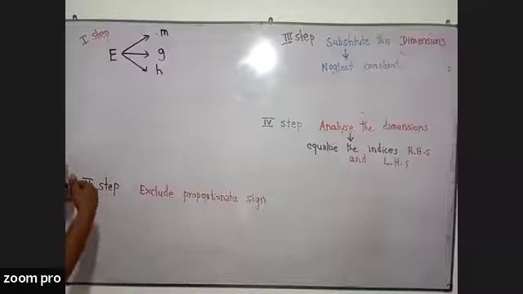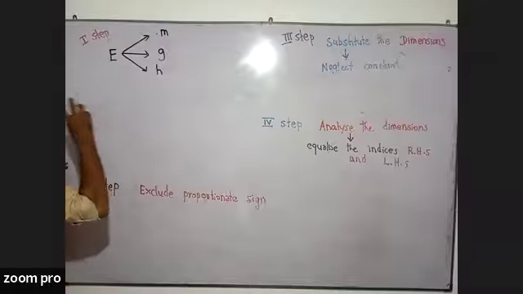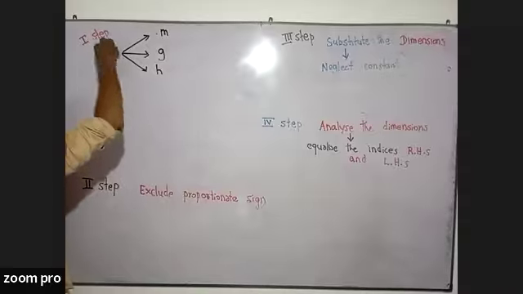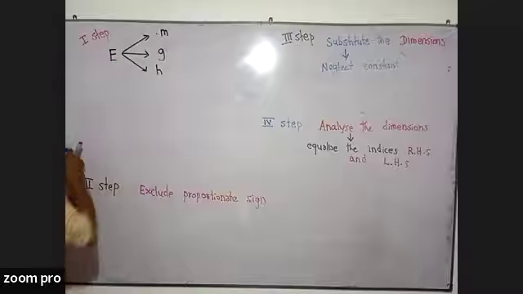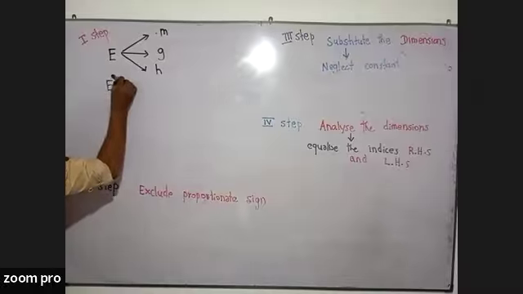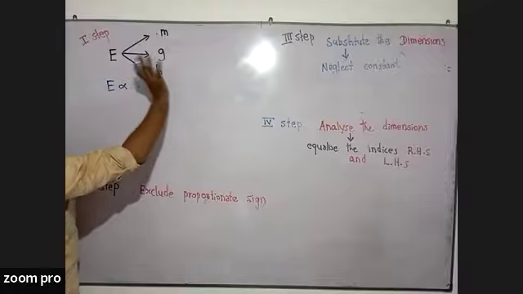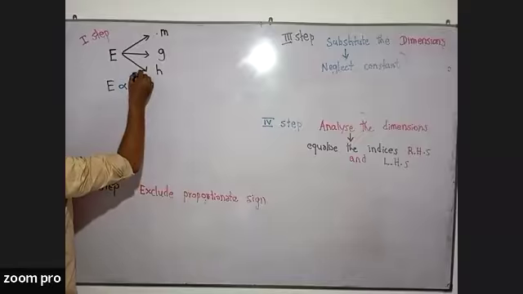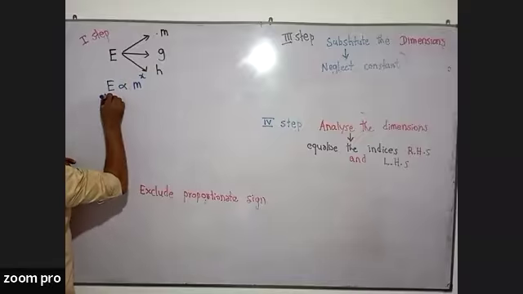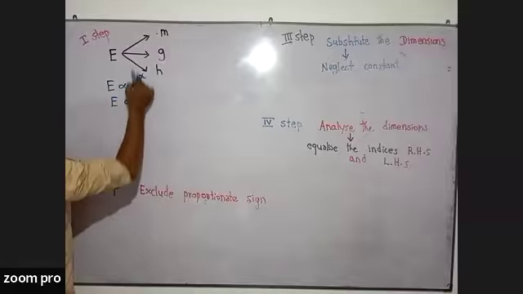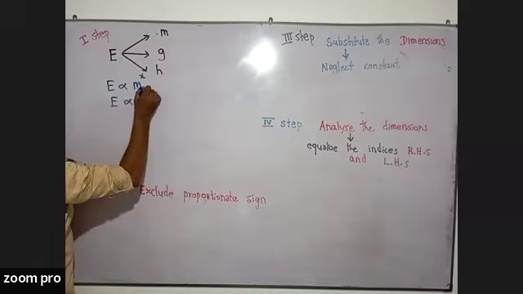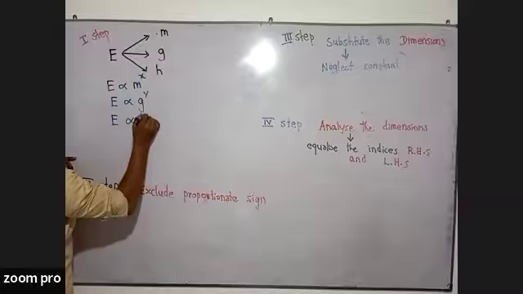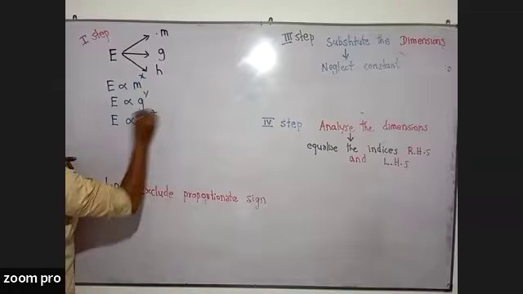So next you have to build up the relationship between E and m, E and g, E and h. The relationship between E and m can be represented as E proportional to m to the power of x, E proportional to g to the power of y, and E proportional to h to the power of z.